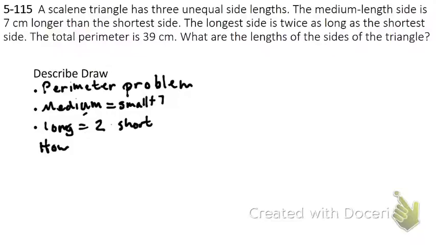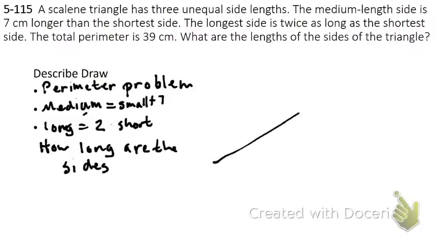I want to make sure that I've identified what is most important here. What are we trying to get at? And that is, how long are the sides? So I think with this description, I've given a decent amount. I've cut it down to just the bare essentials.